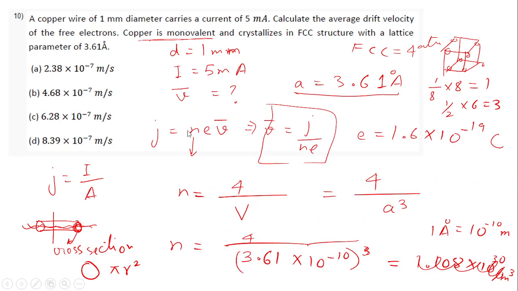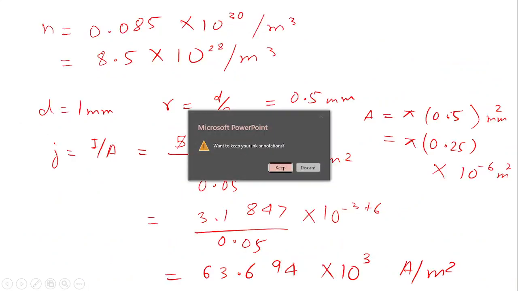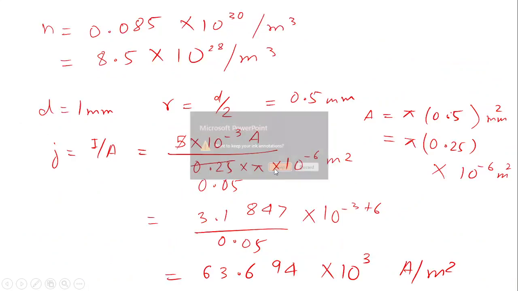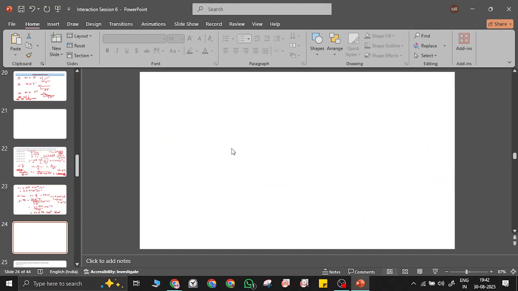Current density is done, charge density is done, value of charge we know. So now we are ready to calculate the drift velocity. I just need the slide for the final step. Okay.